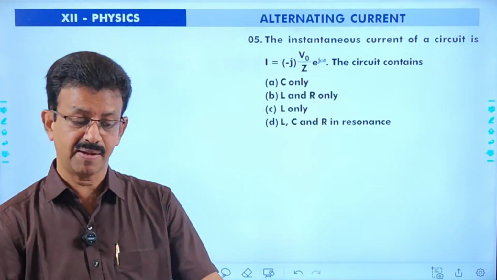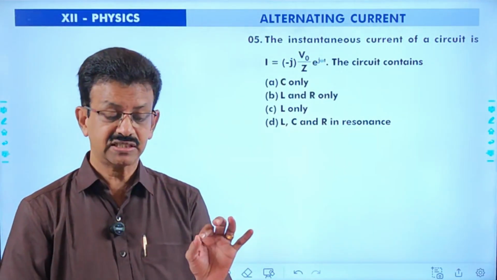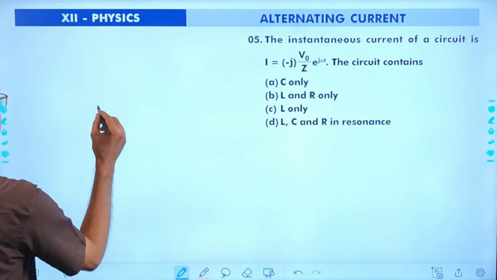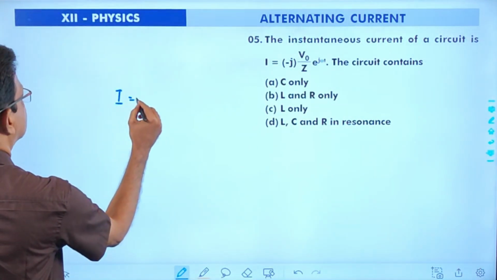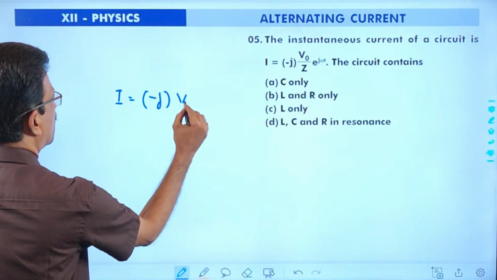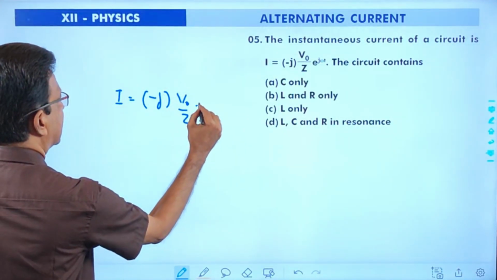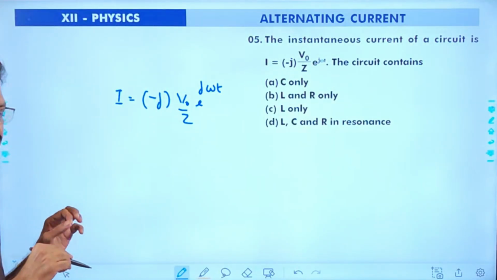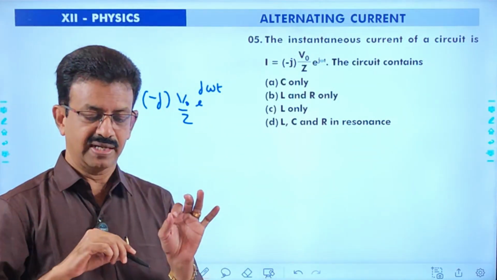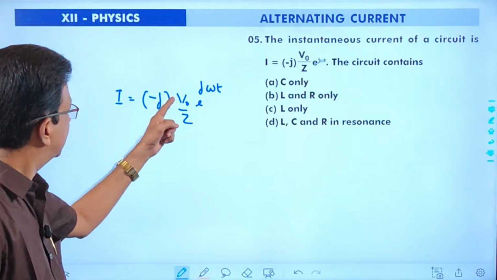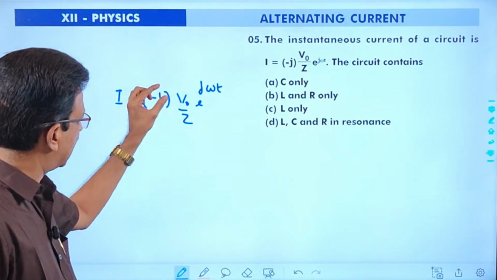Question number 5. It is slightly mathematical also. The instantaneous current of a circuit is given as I equals minus j V0 by Z e raised to j omega t. This is the given data. Here V0 is the amplitude, the maximum voltage.